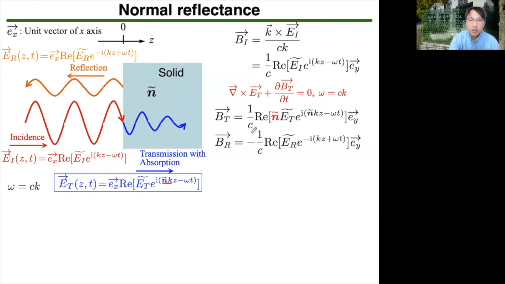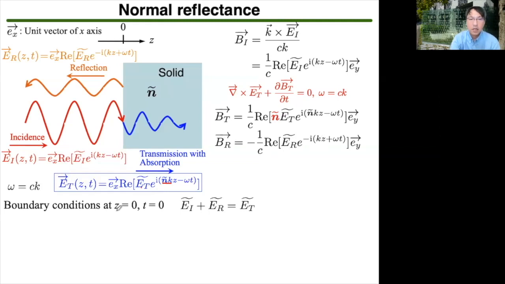Since the propagation direction is opposite for the reflected light, the sign of its magnetic field is flipped. Then we need to take the boundary conditions at the solid surface of z equals 0 into account for deriving the reflectance.